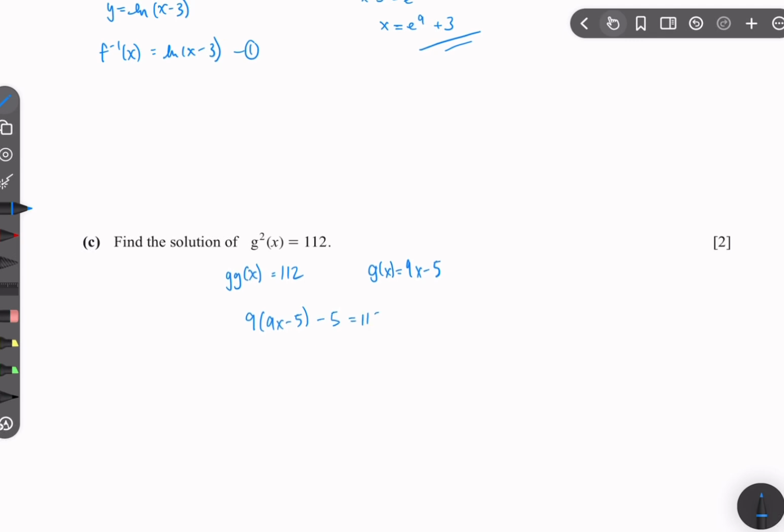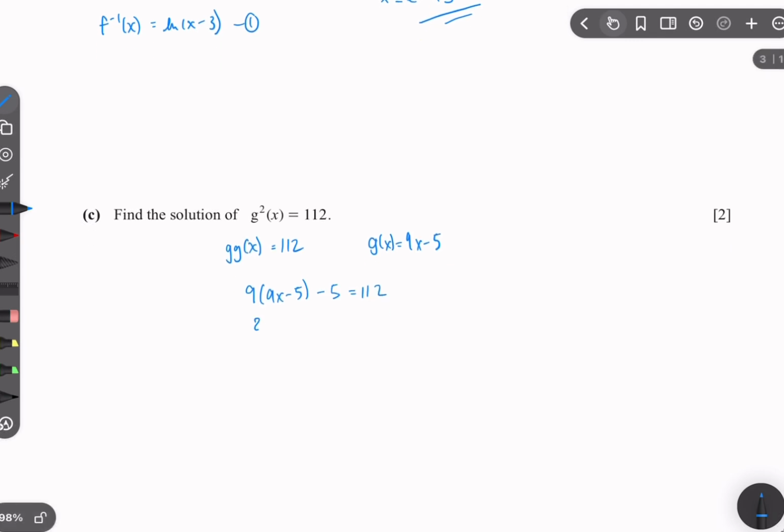So it will be like this. So x is equal to 2.